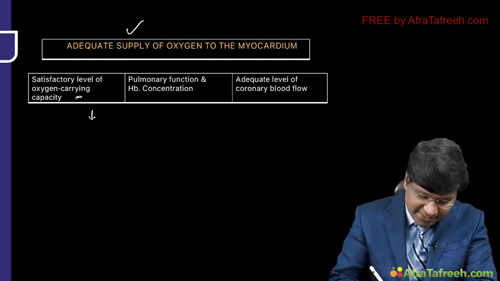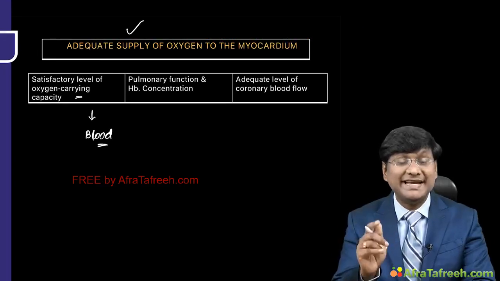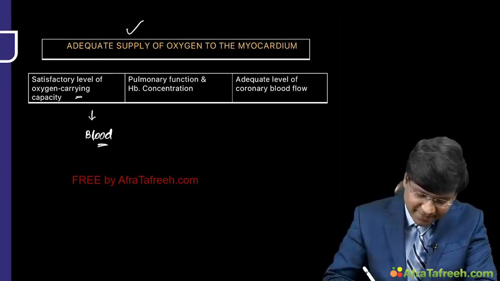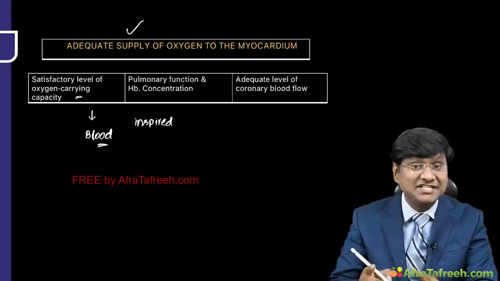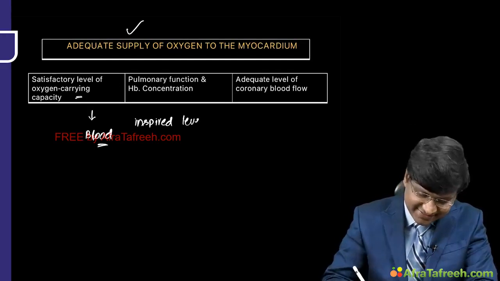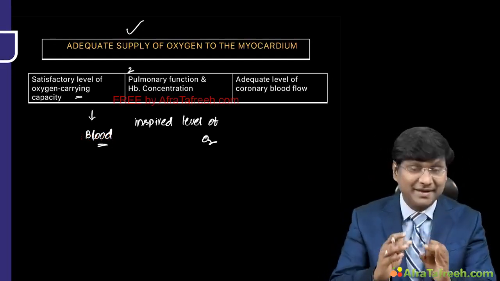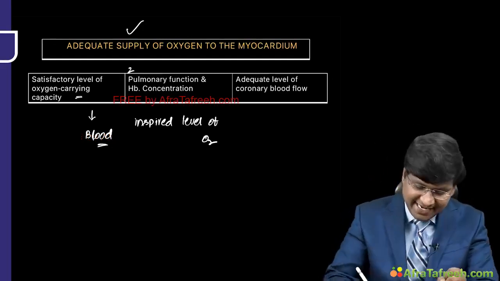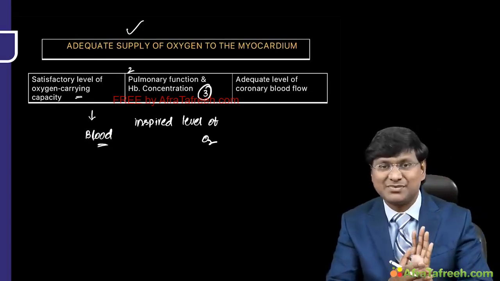Now, this oxygen carrying capacity of the blood is determined by the inspired level of oxygen, by the pulmonary function, and by the hemoglobin concentration as well as its function.